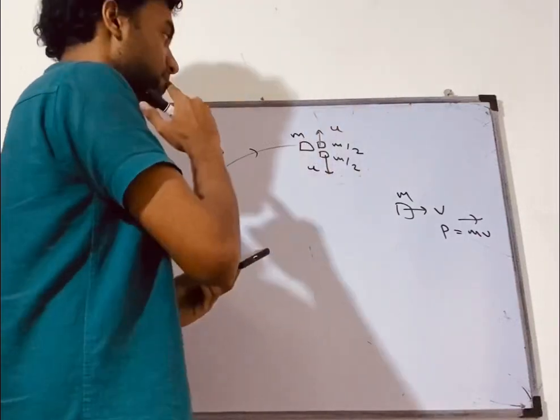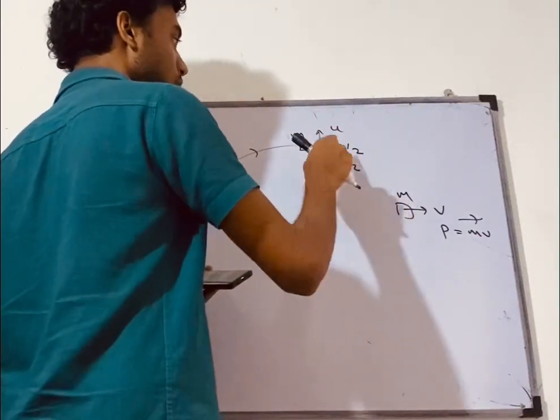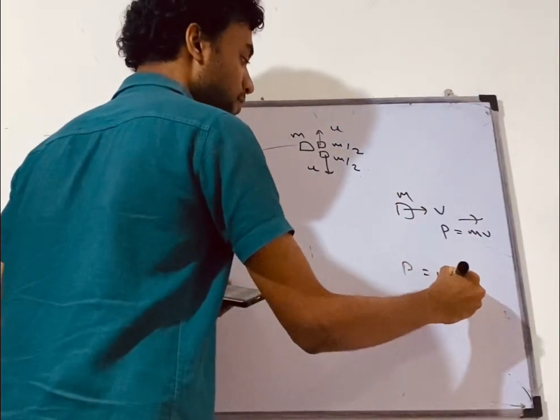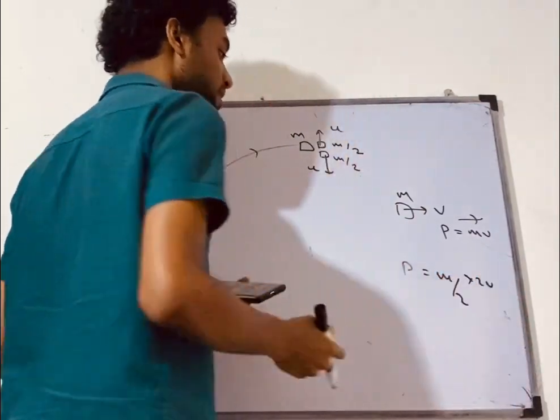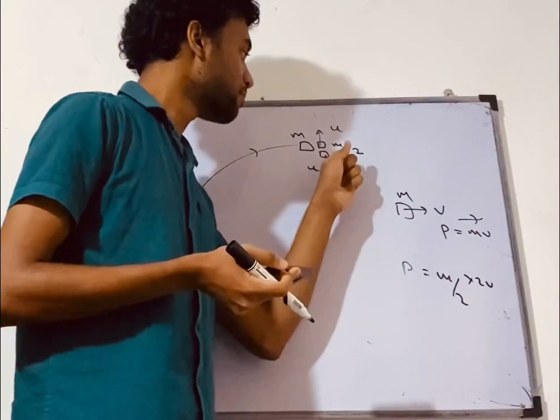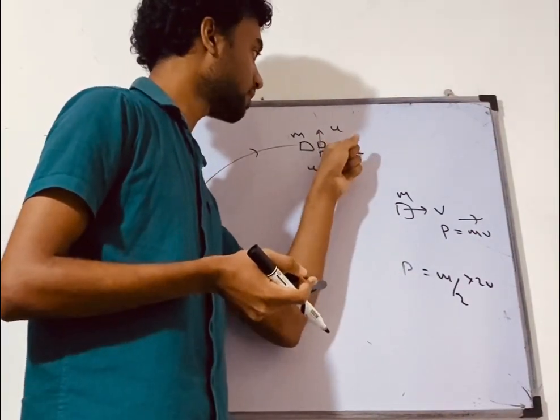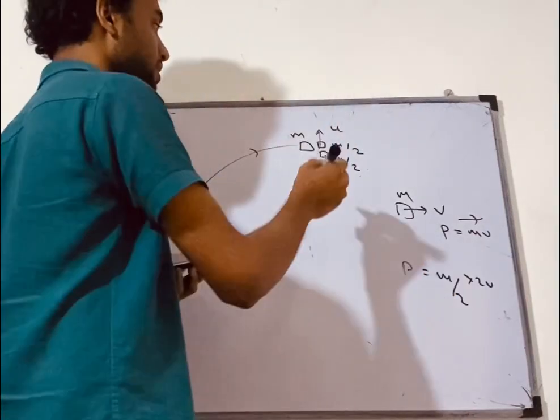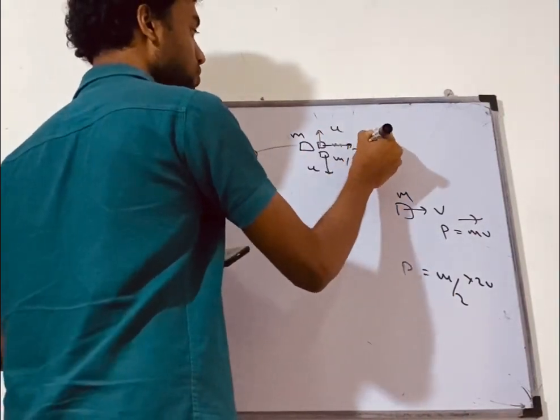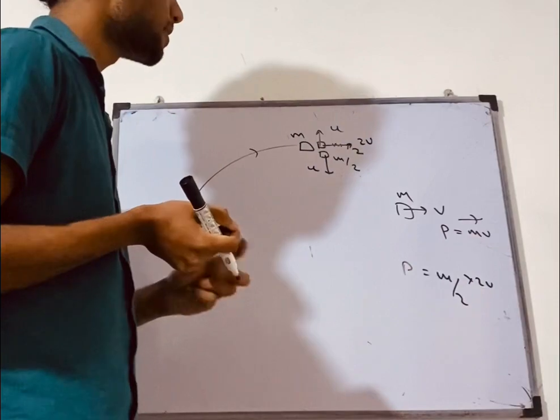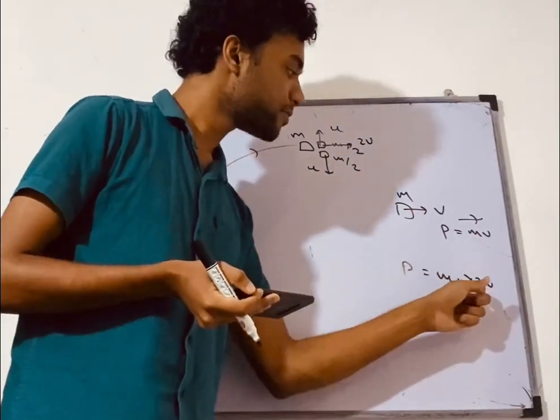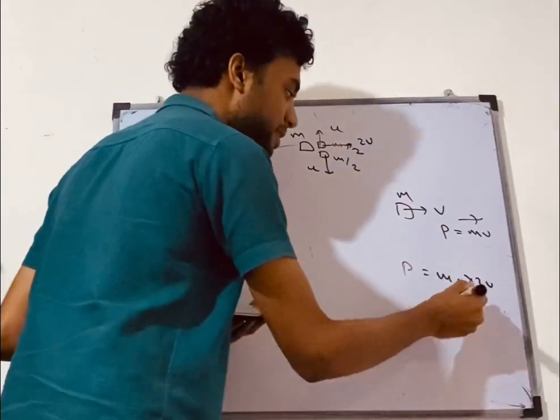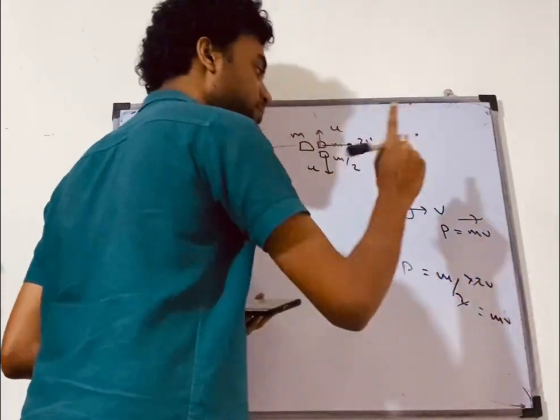That means the momentum of m over 2 can be written like this: m over 2 times 2v. Can you see that this mass m over 2 should have a velocity of 2v horizontally? It should have a velocity of 2v horizontally definitely, because only then can we get a momentum of mv, which is equal to the previous momentum.